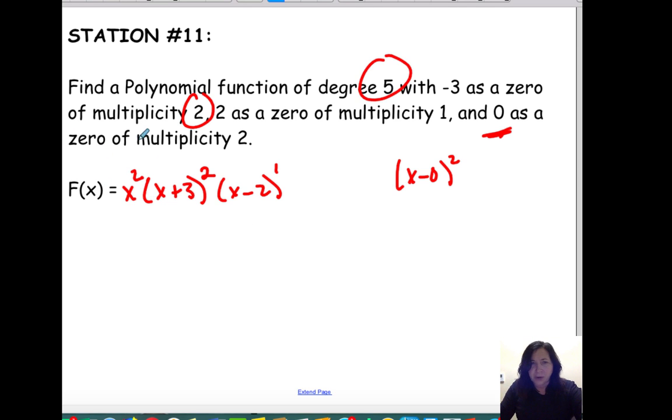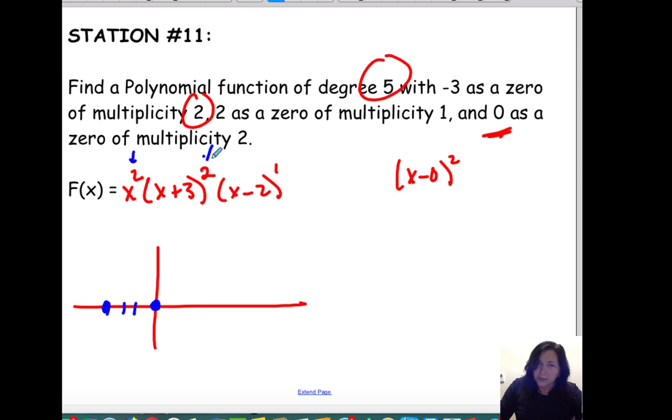Okay, so here's my graph. Find a polynomial: 2 plus 2 is 4, plus 1 is 5. Just graphing that, for fun, because math is fun. We're going to have a 0 here. Remember, that is a multiplicity of 2, so it is going to be tangent there. At -3, it's a 0, also multiplicity 1, so at 2, also a 0.